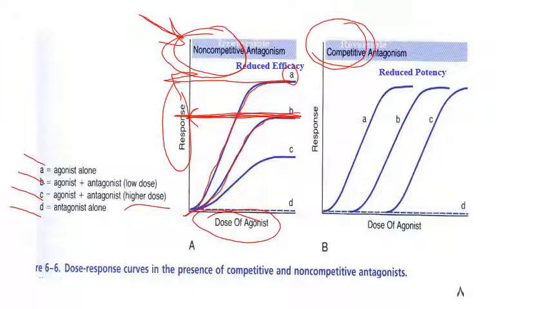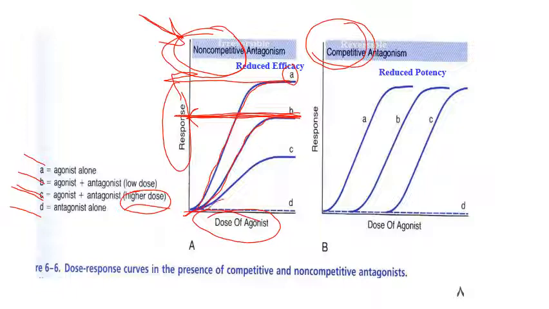In case C, here we have agonist but with an antagonist at higher dose, which means that many more receptors are occupied by the non-competitive antagonist, and they are not free for the binding of an agonist to produce a response.